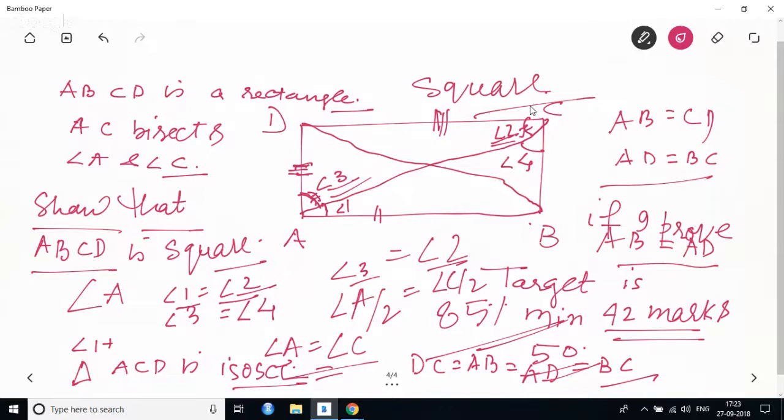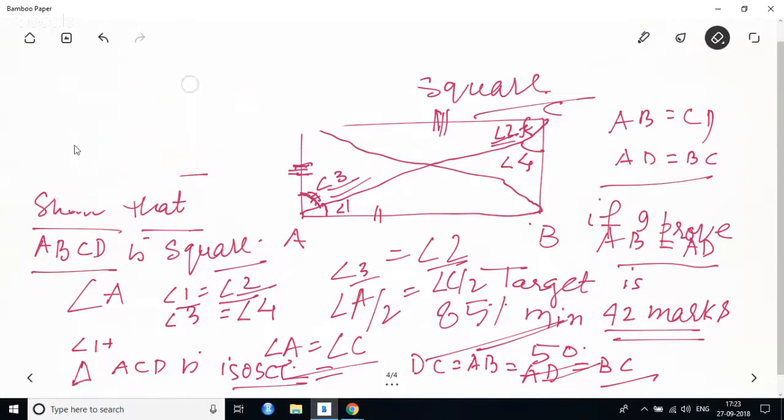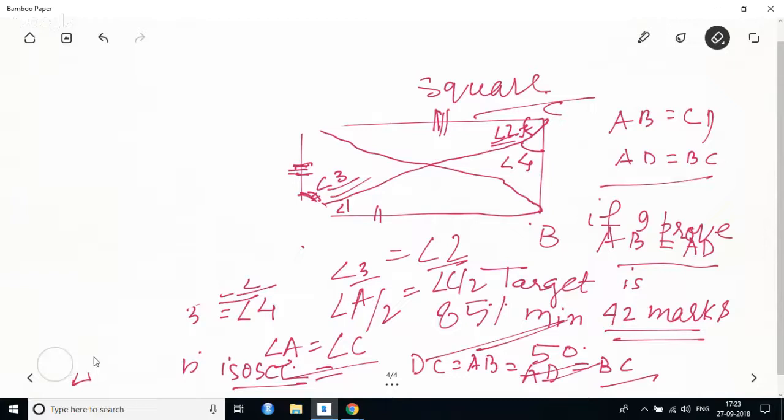Now let me solve one more question from here, and then I'll move to triangular inequality. And at last I'll ask you guys whether you have any doubt.